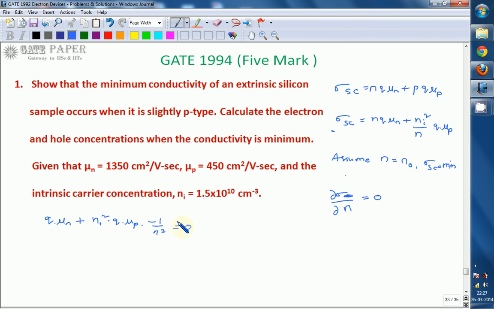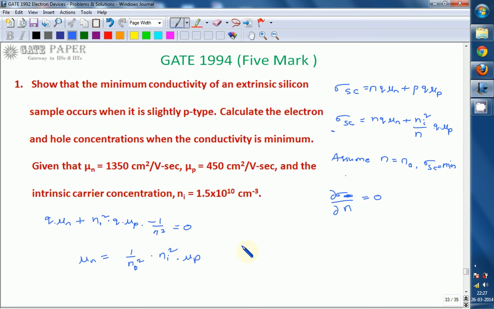Simplifying, q goes out and we can write mu n equal to 1 by n naught square into ni square into mu p, because n is now replaced with n naught, as this gives the minimum conductivity.